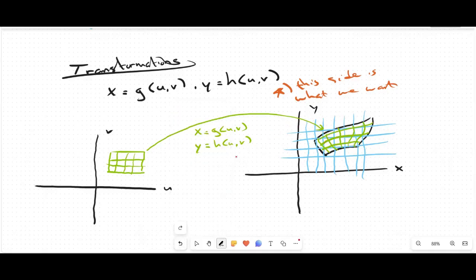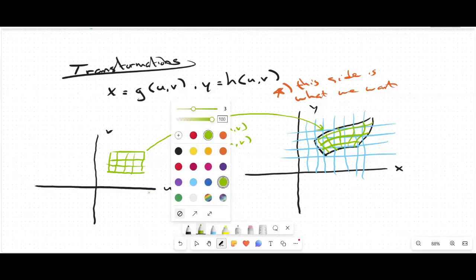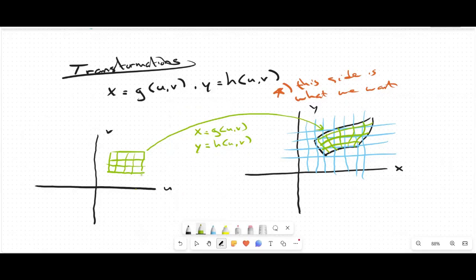You're going to be able to think about it as though you're over here in U and V and you've got these beautiful, nice rectangular coordinates where you can set up integrals very easily. The math is very easy.